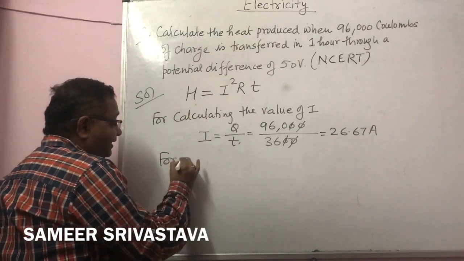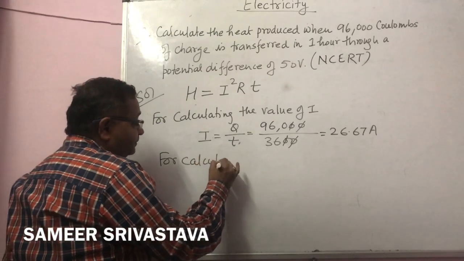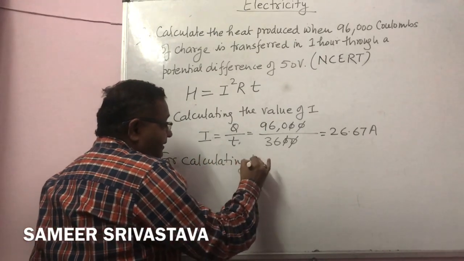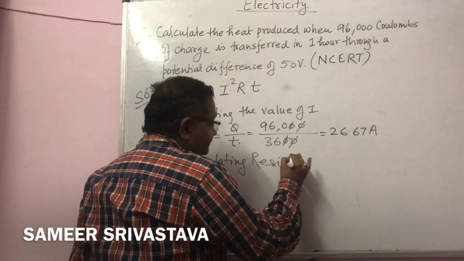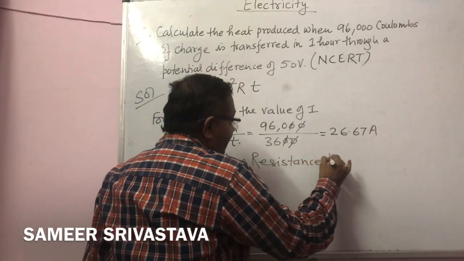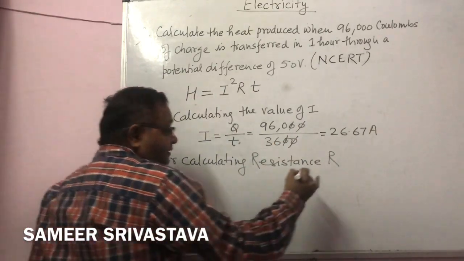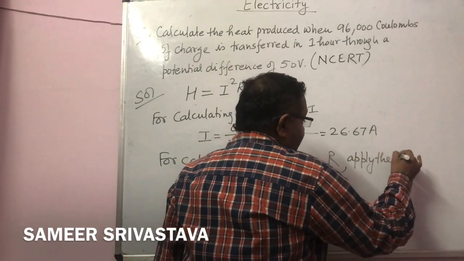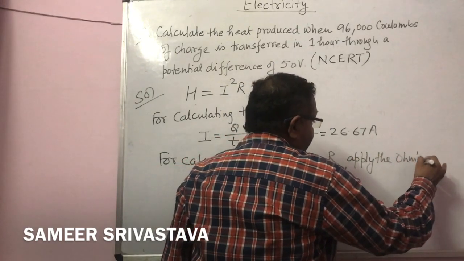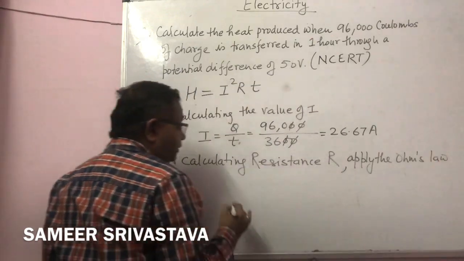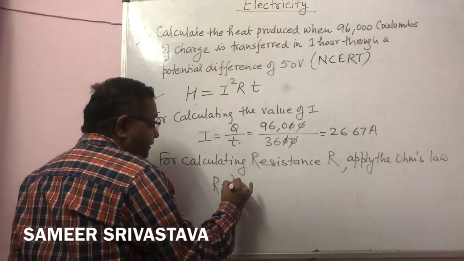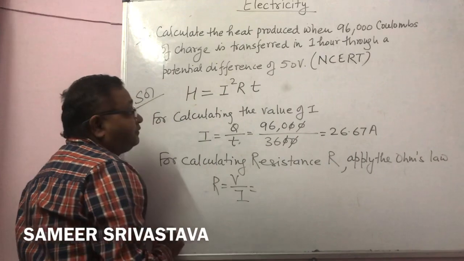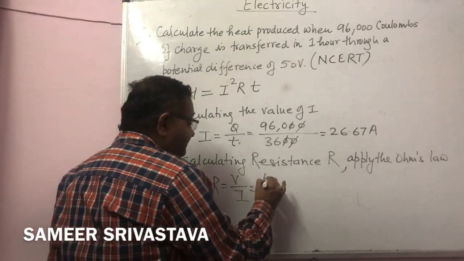Now, for calculating resistance R, what formula do we use? We have to apply Ohm's law. So R is equal to V upon I. The value of V is given as 50 volt.